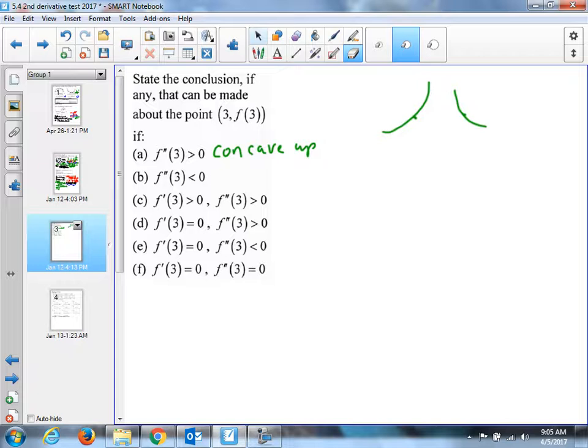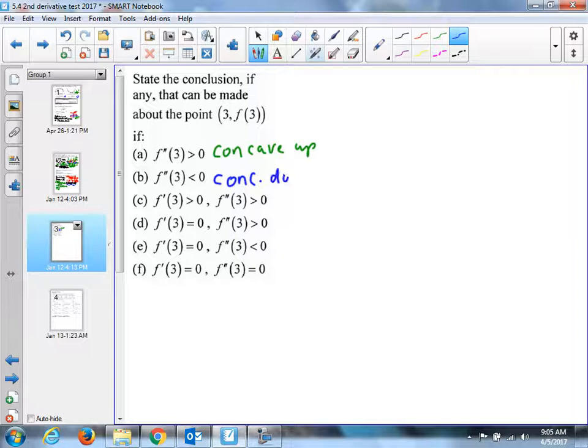And the minimum? We have no idea if it's a max or min there, though, at 3, because all we're told is that just some zone, we don't have any further information. Now this is, if we're just told about this, we're just sure that it's concave down.